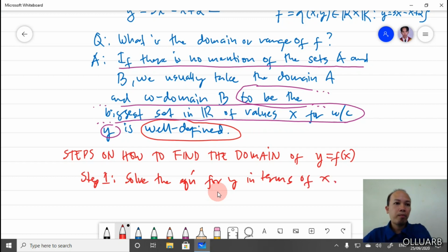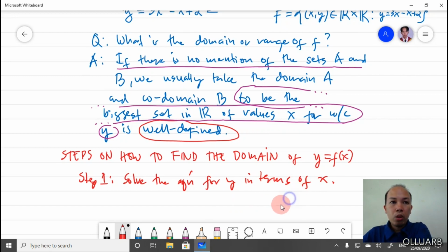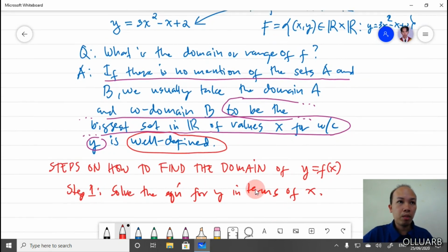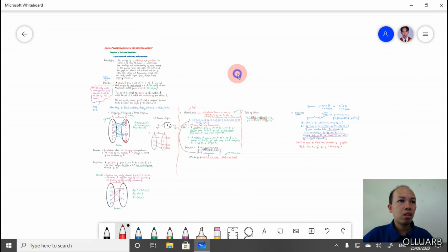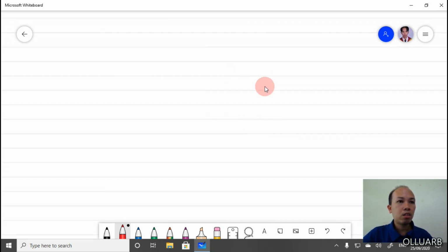Okay, what does this mean? This means that all the x of the equation must be on the right hand side.